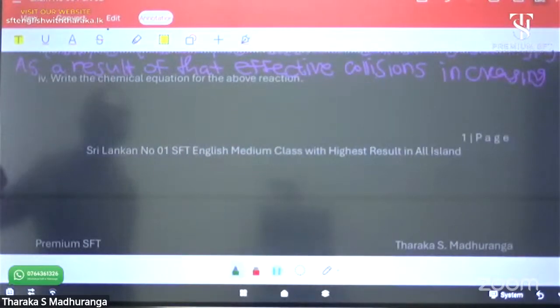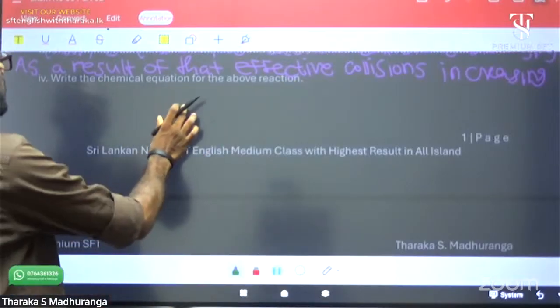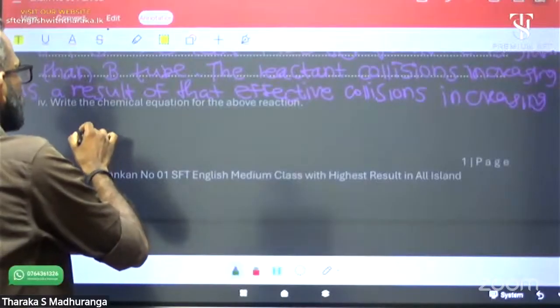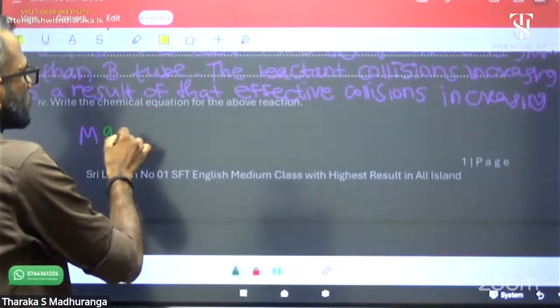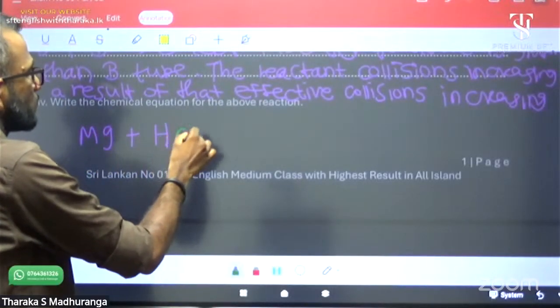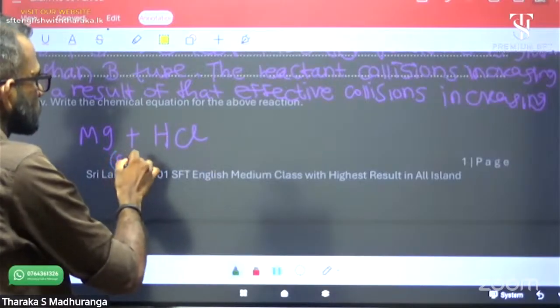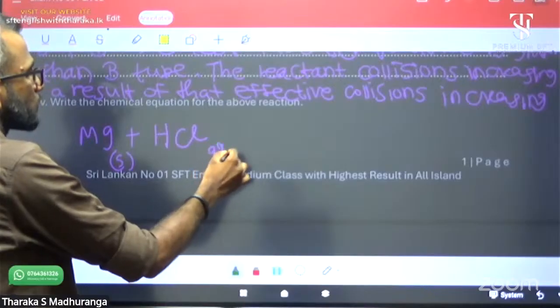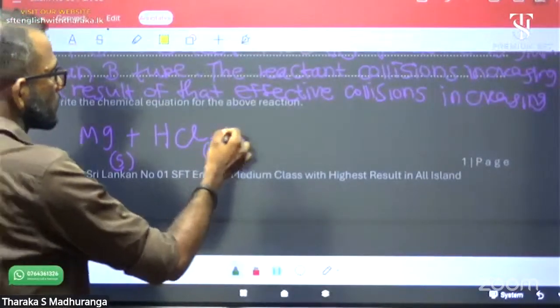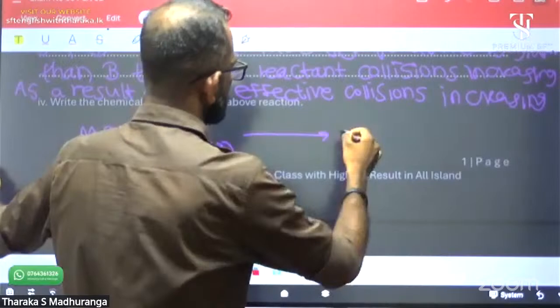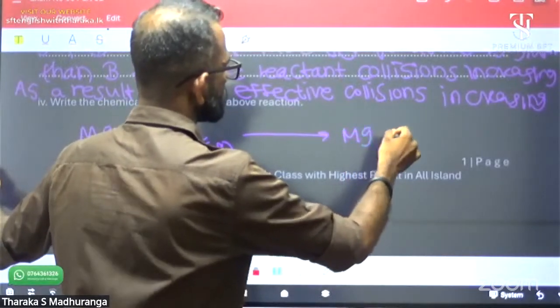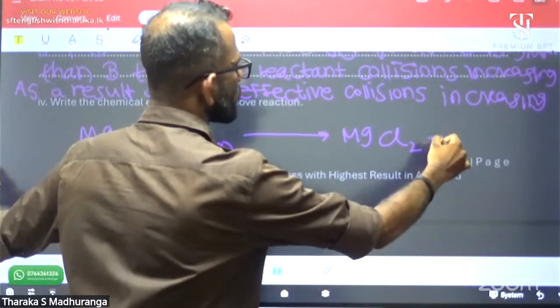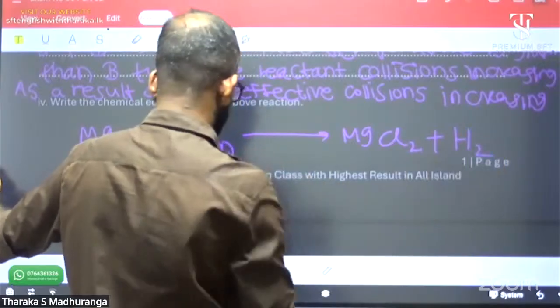Write the chemical equation for the above reaction. The chemical equation is very simple. Magnesium solid reacts with HCl aqueous, producing MgCl2, magnesium chloride, plus hydrogen gas.